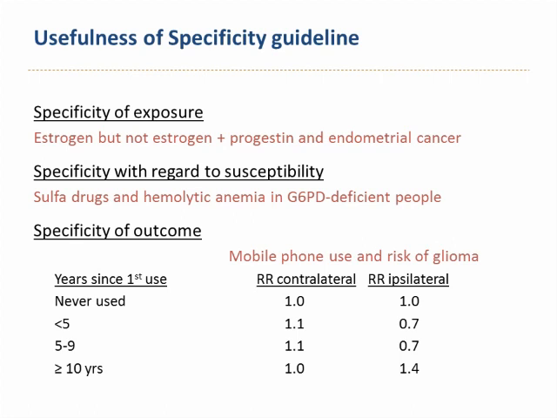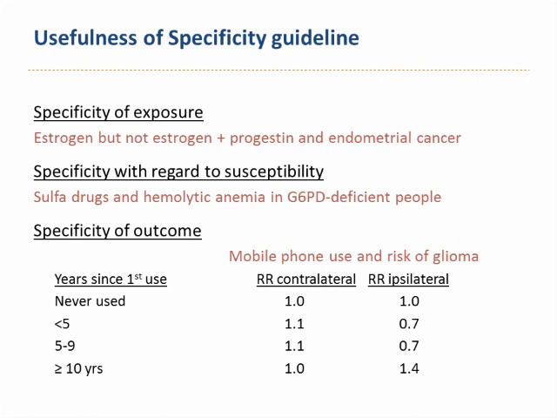This concept of specificity may also be relevant when we think about susceptibility to disease. For example, when investigating the relationship between the use of certain sulfa drugs and the development of hemolytic anemia, we may focus particularly on people who have what's called a G6PD deficiency.